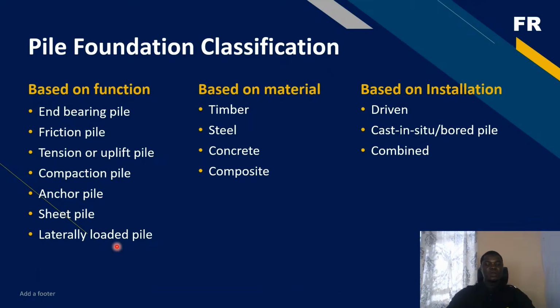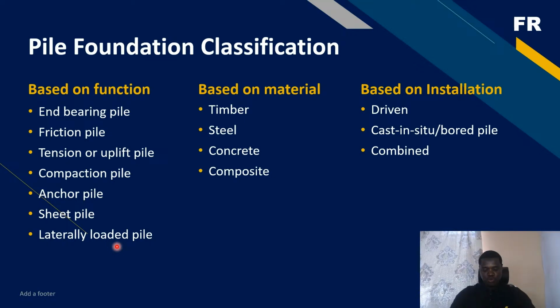You can classify pile foundation into three major classes, either based on the function, or let me say based on the type of load they support, or based on the material you are using for the pile foundation, or based on the installation method. Those are the three ways in which pile foundation can be classified.